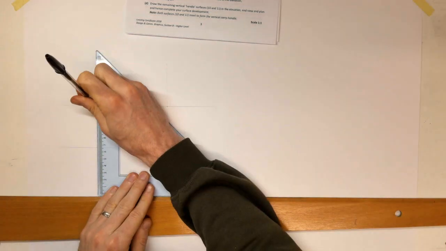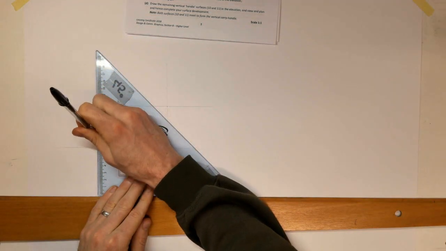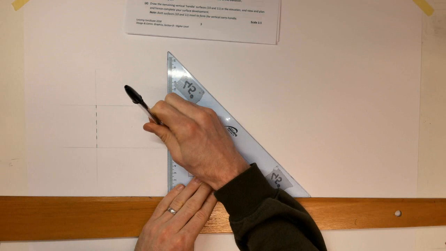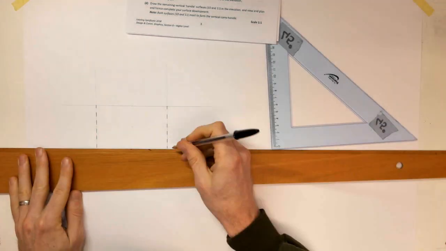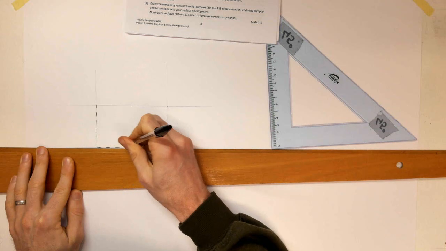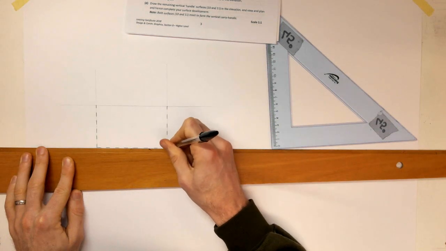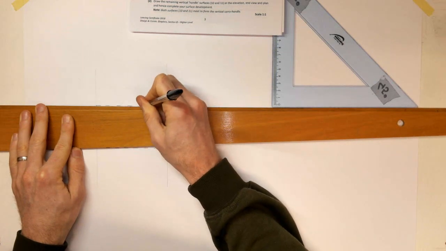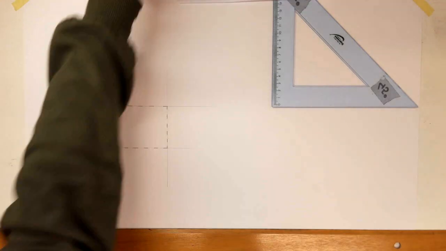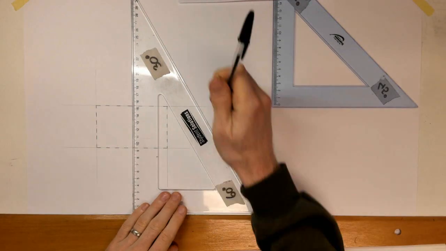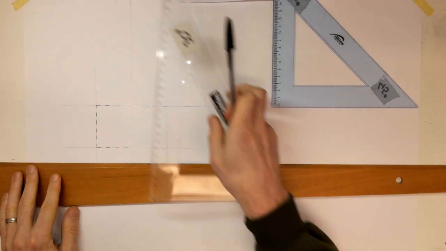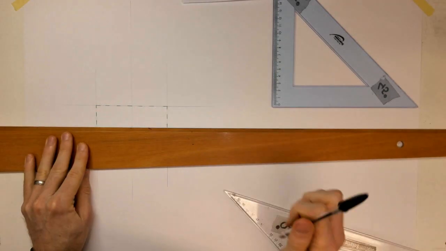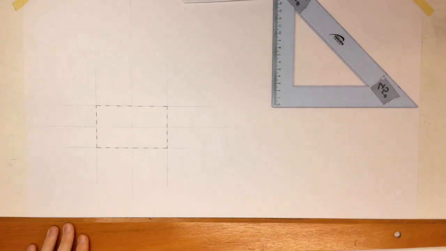I'll do a dashed line, a fold line. Mark another center line there, which I'll need later also.